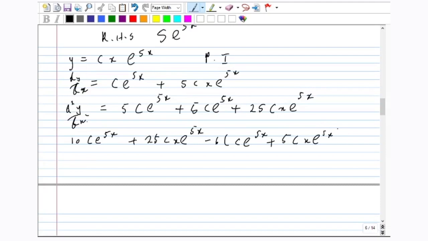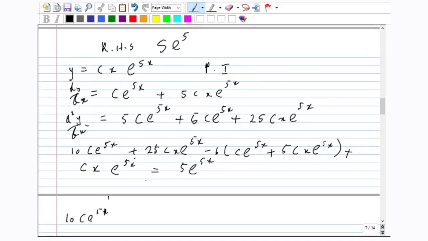Then we close that bracket. Plus the value of y. So we need to add the value of y, which is c x e to the exponent 5x, equal to the right-hand side, which we keep as it is, 5 e to the exponent 5x. Now we need to multiply this bracket out. So we are going to take the 10c e to the exponent 5x.